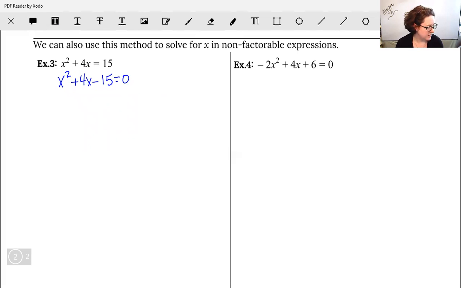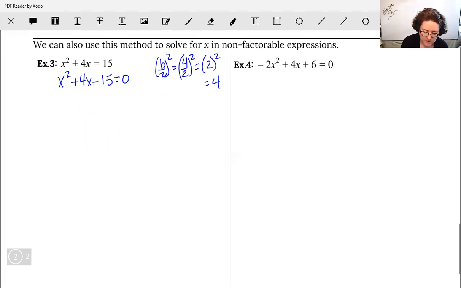So this way you don't have to remember a new set of steps, and you'll only need to remember what extra we did at the end to solve it out. So same sort of thing. I'm going to note my b over 2 squared. Now, I didn't need to worry about an a value on here, so that's just using a 4. But that simplifies out to 2 squared, aka 4.